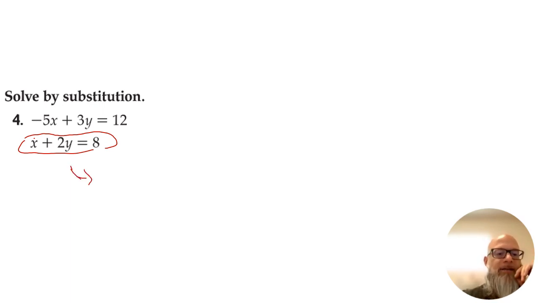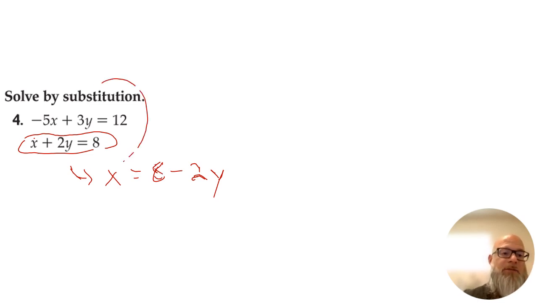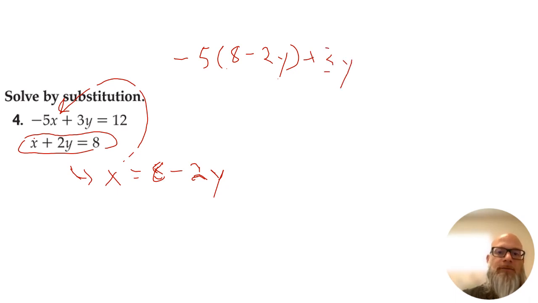So if I do that, it's x is equal to 8 minus 2y. Well, now I can go ahead and take this x and plug it in right there for that x. Here, let's see what happens. You get negative 5 times, instead of x, I'm going to put in 8 minus 2y, plus 3y equals 12.